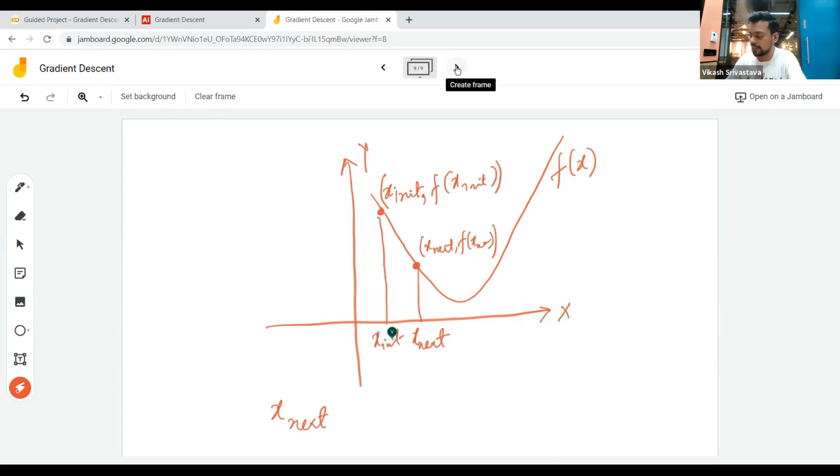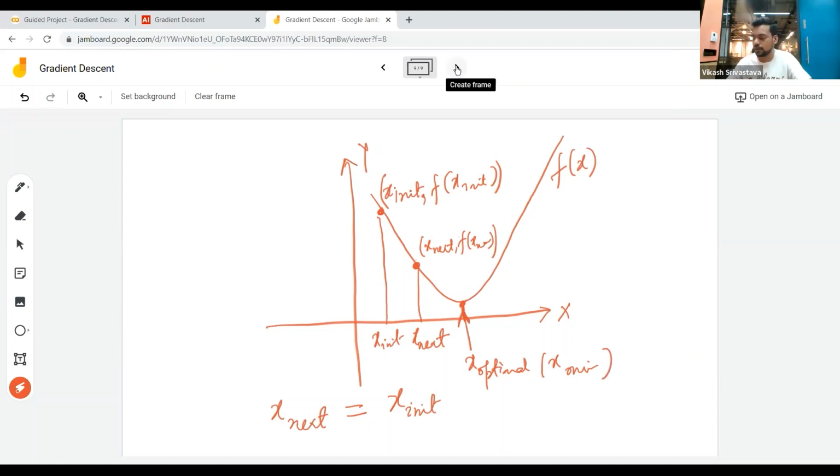So x next is the next point which we want to go to, right? Remember, always the objective is to arrive at this particular point, so let's say this is called the x optimal or the x minimum in this case, right? This is where we want to arrive, but we don't know how to do that, right?